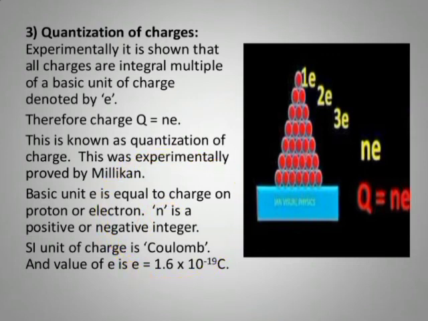Now, as we are talking about the concepts of electrostatics, we'll be dealing with the electrons alone. So if I consider the electrons moving from one atom to another atom.